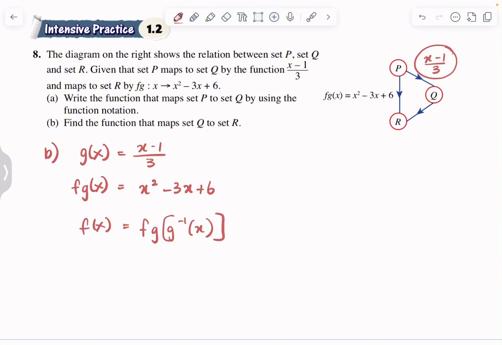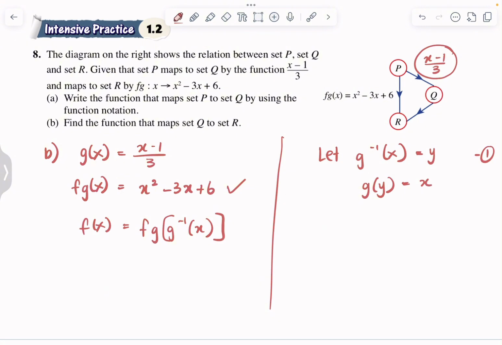First, we only need to find g inverse x. To find the inverse function, the first step is to let g inverse x equal y. Then g(y) will equal x.